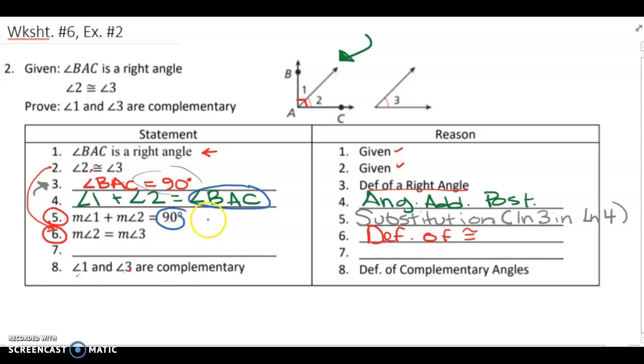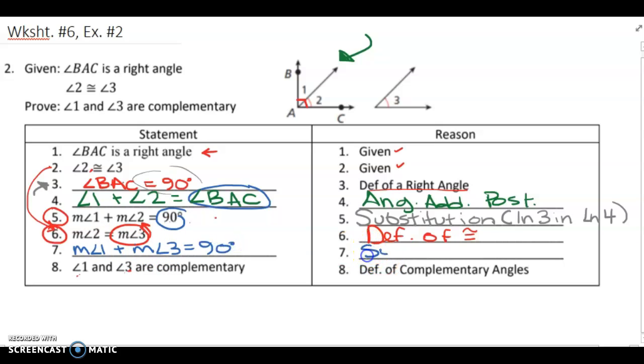Okay, well, can I rewrite line 5 using line 6? Okay, so can I change the 2 in line 5 to a 3? Because they're equal, so I can. So I can say that the measure of angle 1 plus, now I'm going to change this 2 to a 3 because they're equal in line 6, measure of angle 3 equals 90 degrees.